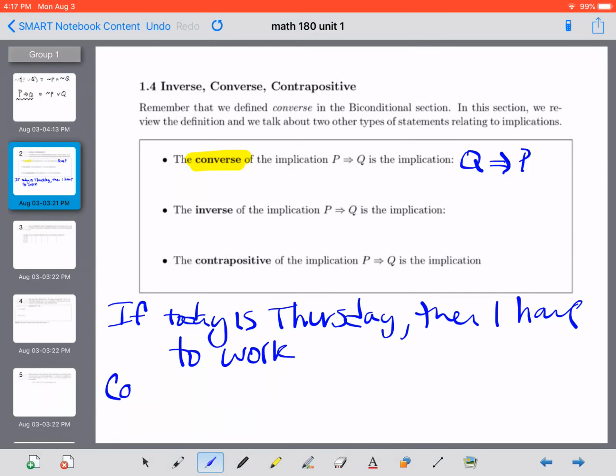Well, the converse of this would swap the hypothesis and the conclusion, that is the if and the then. So the converse would look like, if I have to work, then today is Thursday.